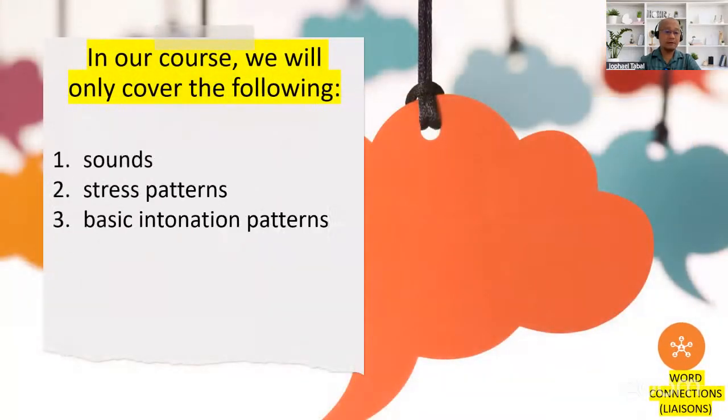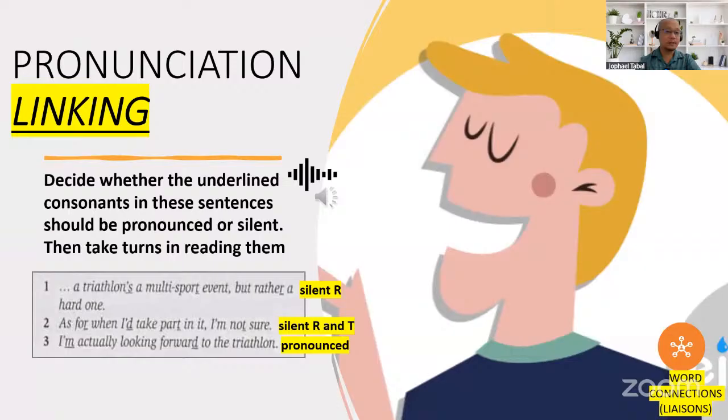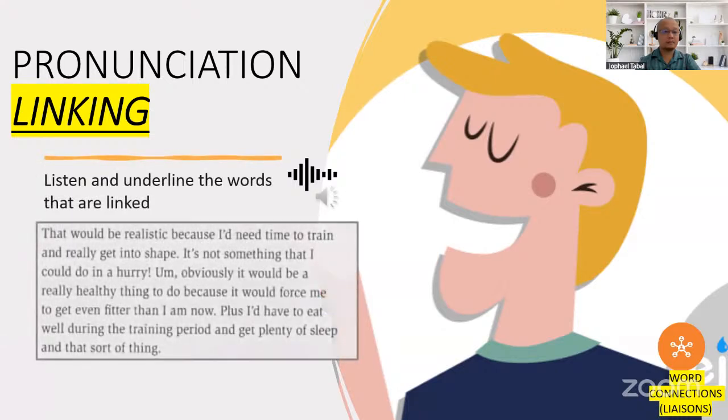And finally, we have here the word connections or liaisons. So this is not quite important to get a band 7, all right? But it could help. What is that? It could help make the flow of speaking more fluid.